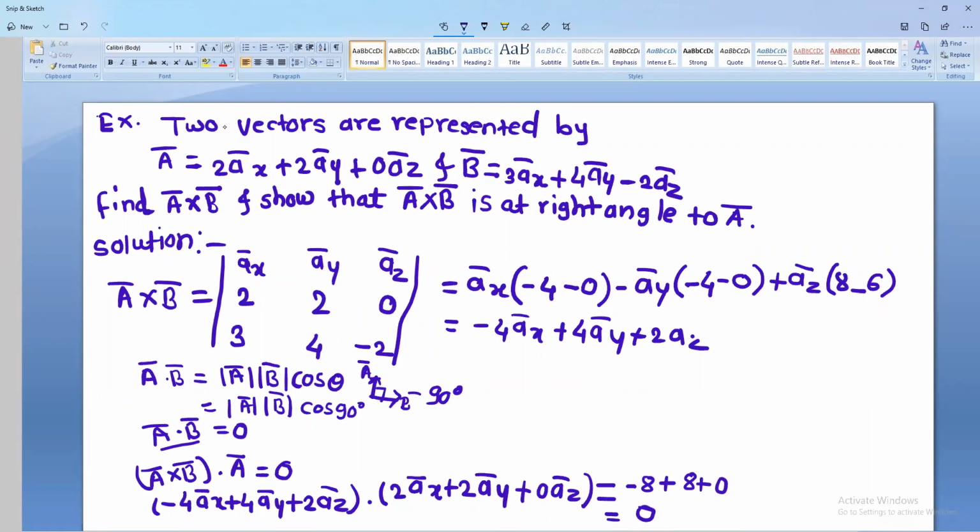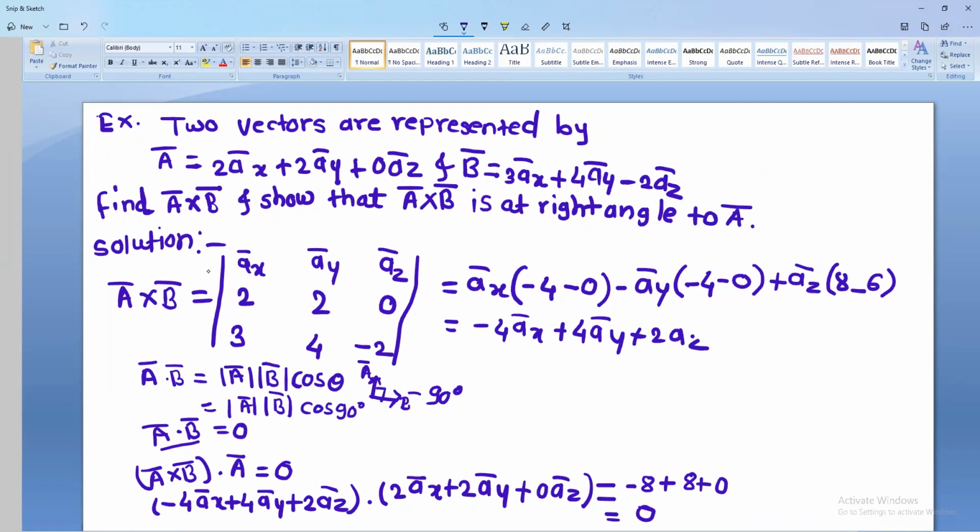So two vectors are represented by a bar and b bar. Two vectors are given. Find a bar cross b bar first. Now cross product can be found by using determinant form. So a bar x, a bar y, a bar z and the coefficients or coordinates of vector a bar are 2, 2 and 0, and for b bar 3, 4 and minus 2.